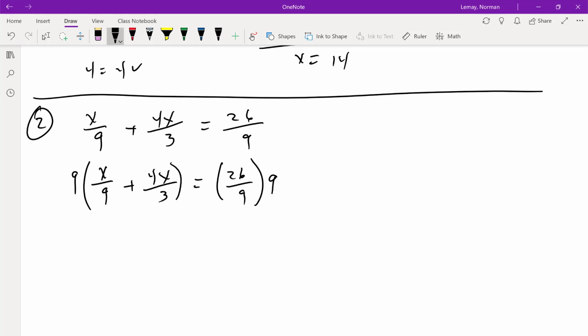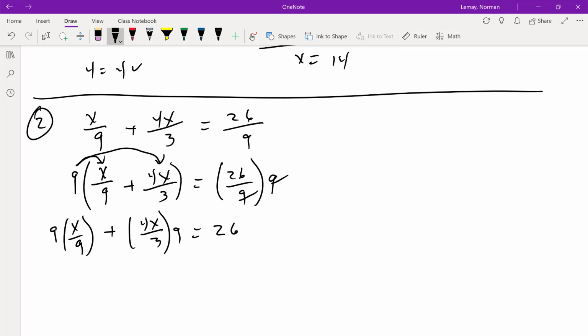All right, so on the left-hand side, we'll go ahead and distribute. So we get 9x over 9 plus, distribute the 9 over the addition. So we get 4x over 3 times 9 equals, and then notice here the 9's cancel out, so we just get our 26. So here 9 cancels with 9, so I'm left with an x.